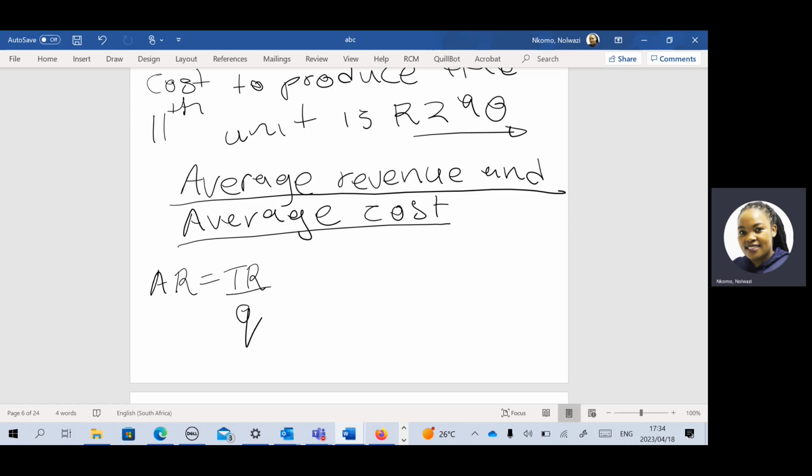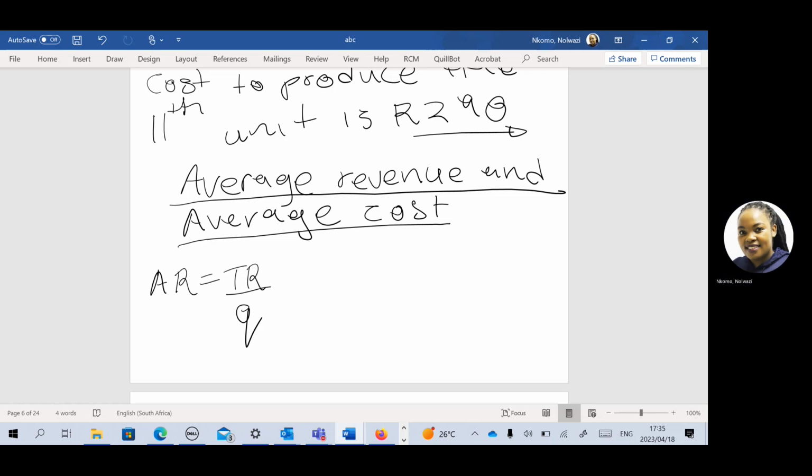Let's say you find the total revenue of selling 5 units to be 150, right? Then to find the average revenue, you'll say 150, which is the total revenue, divided by the number of units you sold.